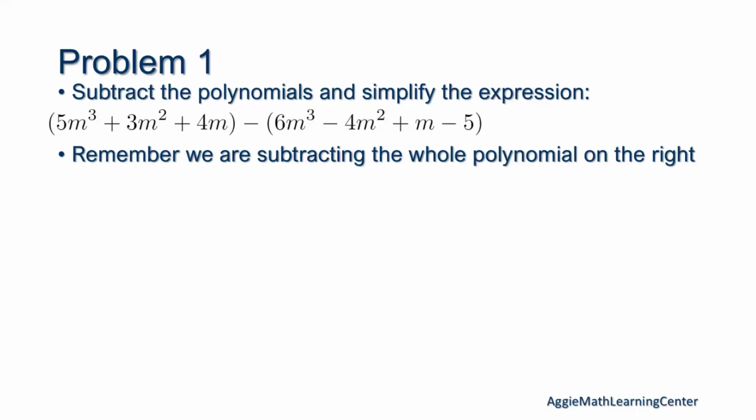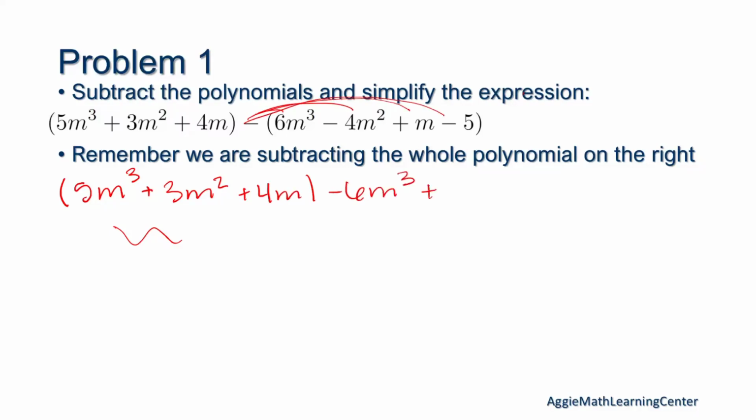Distribute them. Gorgeous. Let me see if this is going to let me write. Okay, incredible. 4m, and then we'll distribute that negative to each term. So minus 6m cubed plus 4m squared minus m plus 5.